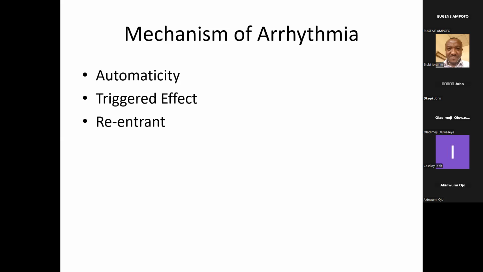For automaticity, it's like an overdrive function, meaning that there is a focus in the heart that is generating electrical activity faster than normal. That can be from the SA node.